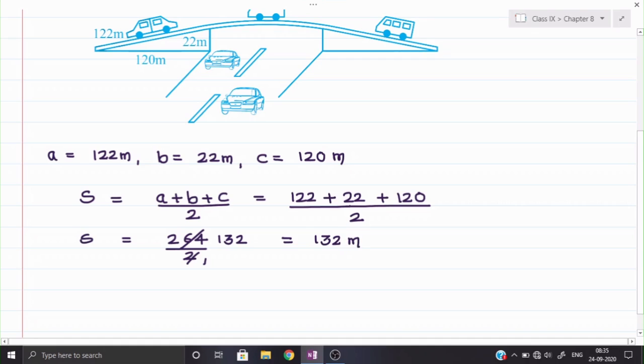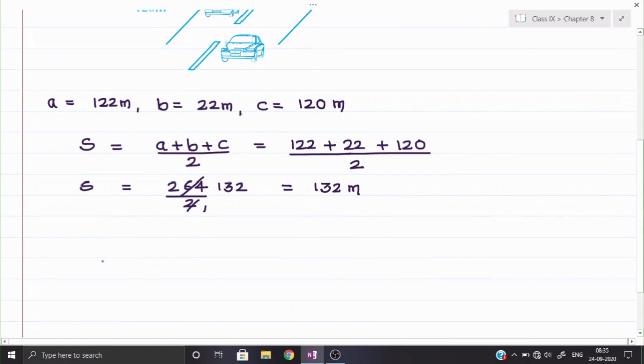Now we shall apply Heron's formula. We write the area of the hoarding, whatever hoarding is given, that area we are finding.